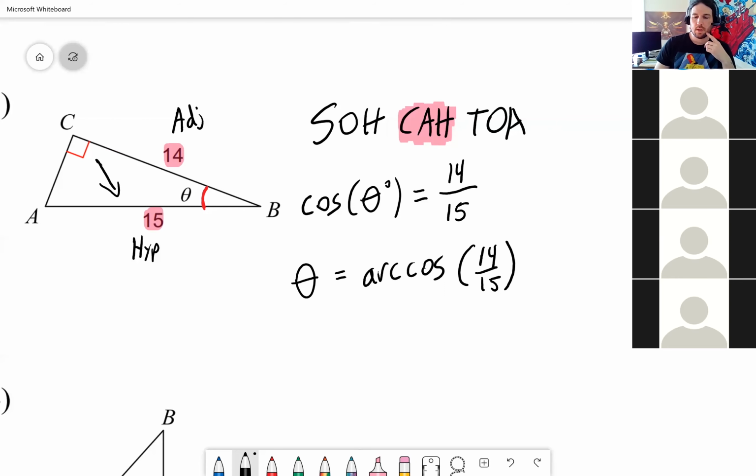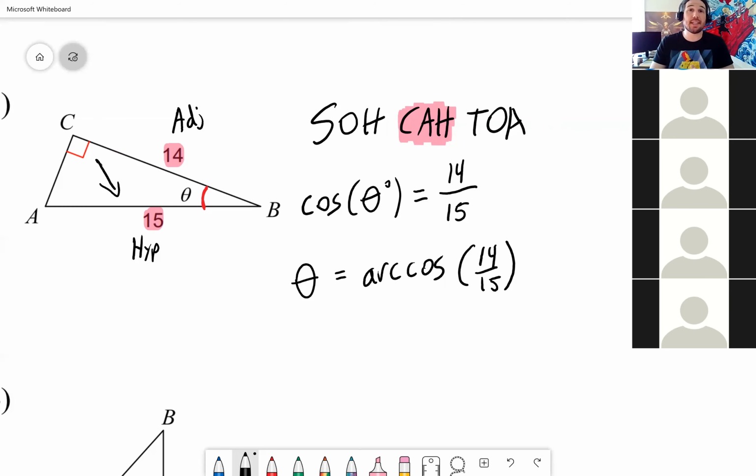Now, really quick, if you've got your calculator in front of you, because this is a thing that happens sometimes, go ahead and do that second cosine -1. It should look like that. Do that cosine -1. And instead of 14 over 15, do 15 divided by 14 and see what happens.